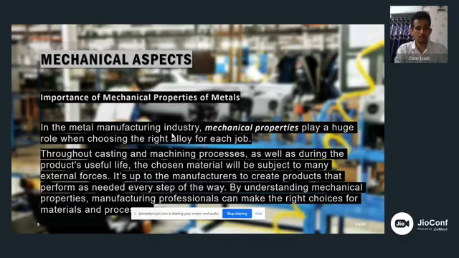So when a product is formed, we have to consider all the parameters connected to these fields. We have to understand how these properties are related to an industrial product.